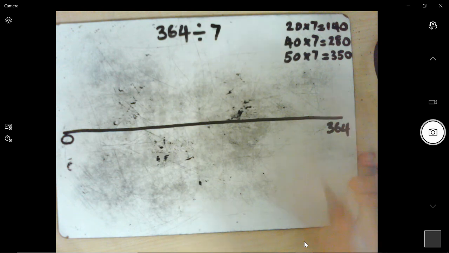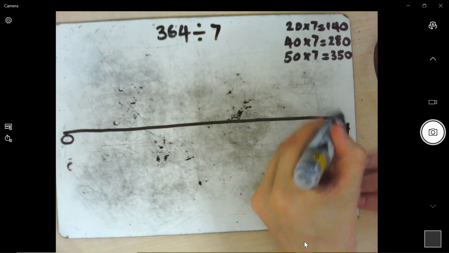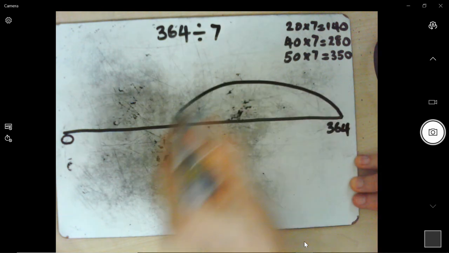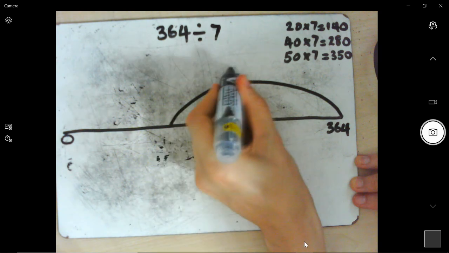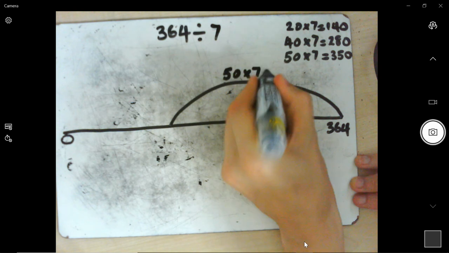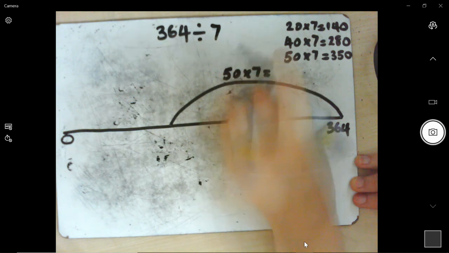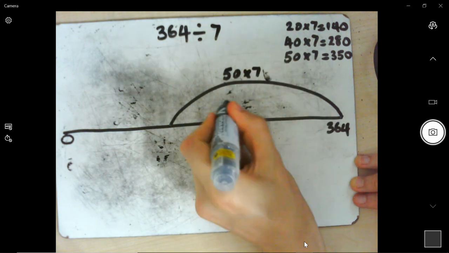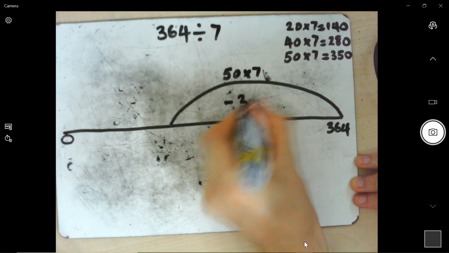So I'm going to subtract 50 groups of 7, which equals 350. So I'm going to subtract 350.